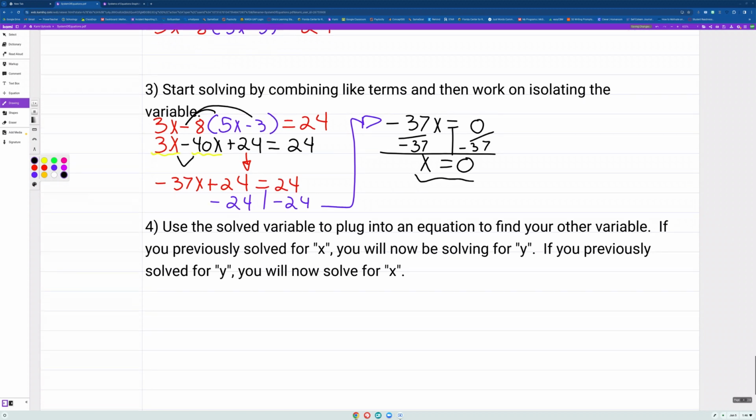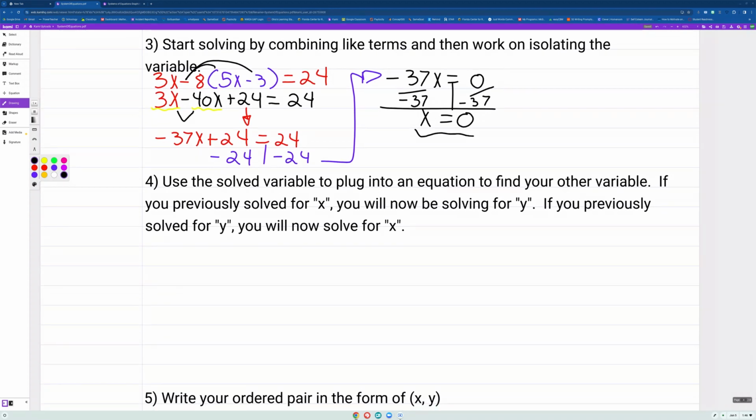So now I'm going to use the variable that I solved for, which would be my x equals 0. I'm going to plug that into my other equation to find my y. I'm going to use the one that I put into y equals mx plus b form because I think that that's going to make my life significantly easier. So now I have y is equal to 5x minus 3. But instead of an x, I'm now going to plug in 0.